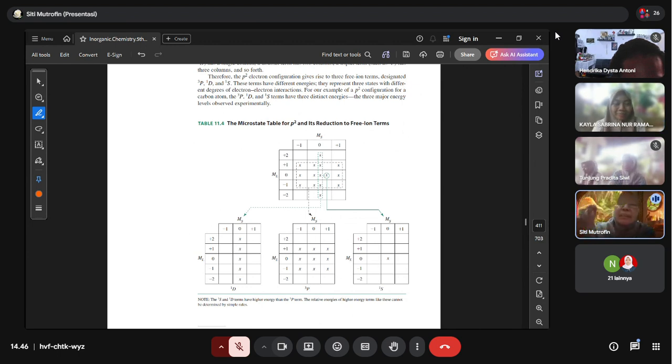Kayla, turn on the microphone. It's because we need to choose the highest momentum. No. We have to choose the highest S value.